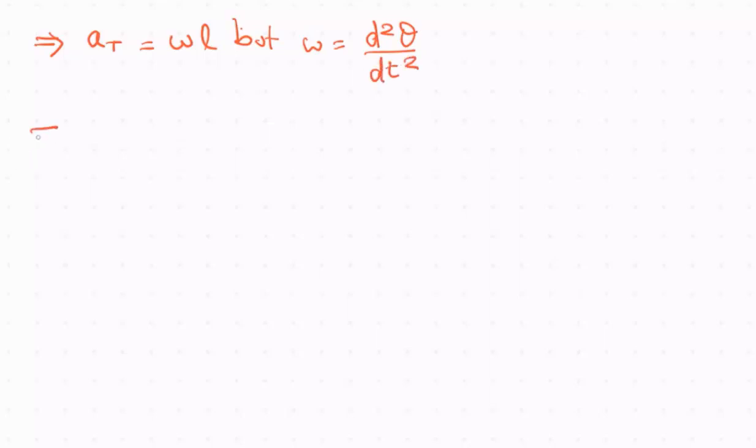Then the tangential acceleration would be replacing this equation into this. We will have the second derivative of theta with respect to time multiplying the radius. Okay?